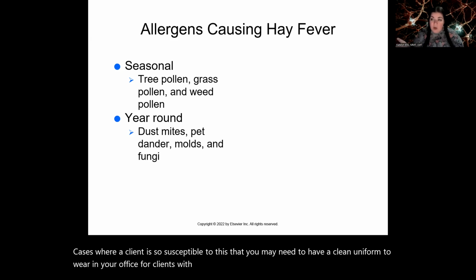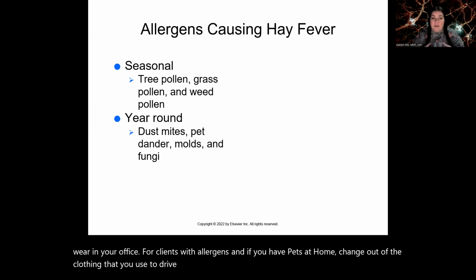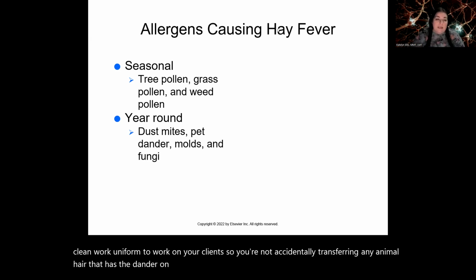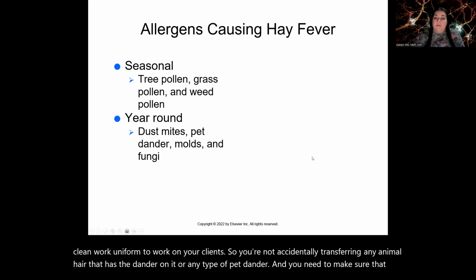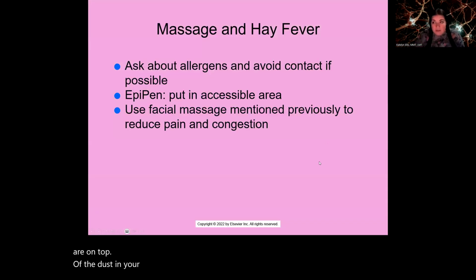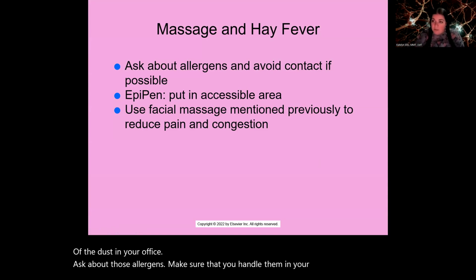And if you have pets at home, change out of the clothing that you use to drive to your office or get to your office, and then change into your clean work uniform to work on your clients so you're not accidentally transferring any animal hair that has the dander on it. Or any type of pet dander, and you need to make sure that you are on top of the dust in your office. Ask about those allergens, make sure that you handle them in your office, avoid contact if possible.